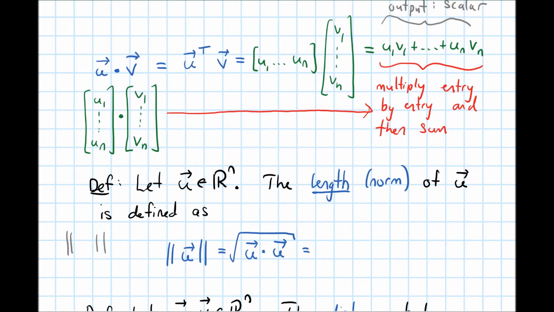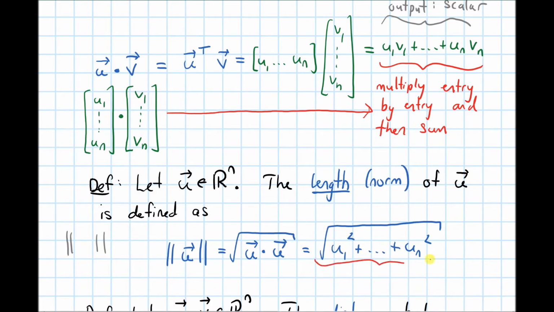If you take the inner product of u with itself, you end up multiplying the entries of u with themselves term by term. Instead of u1 times v1, we'd have u1 squared plus dot dot dot, and instead of un times vn, we'd have un squared, and we're square rooting that whole thing. So the length of u is the sum of the squares of the entries, square rooted.